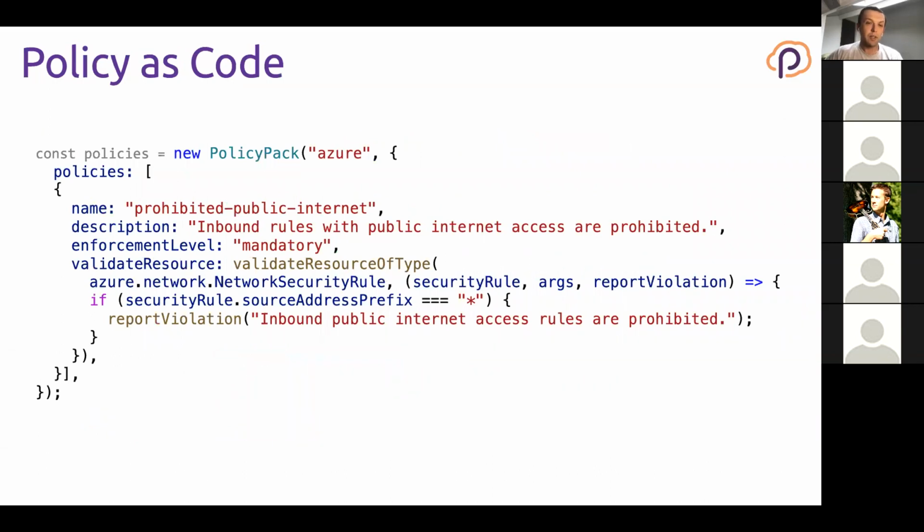And also you can take it one step further. So instead of just writing unit tests for your single program, if you work in a larger company with multiple projects going on at the same time, you can start defining policies for your deployments in the company.